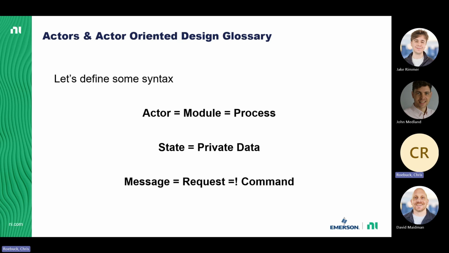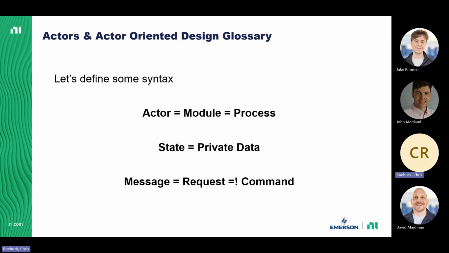And how do we interact with these actors, these modules? We do that via message. In actor theory, messages are requests. They are never commands. So we would send a message to our actor, our camera module, requesting that it performs some activity. So I might send a message saying, hey, acquire a single frame.